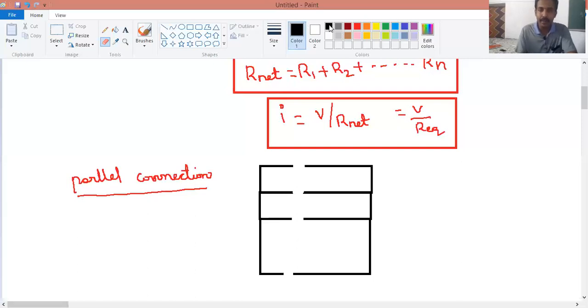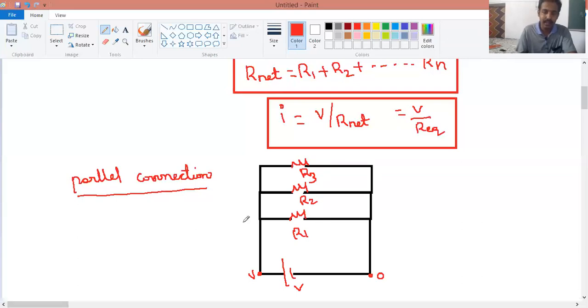Let's call this battery of V voltage, this resistance 1, this resistance 2, and this resistance 3. If I call this potential end V, then this potential end is 0.